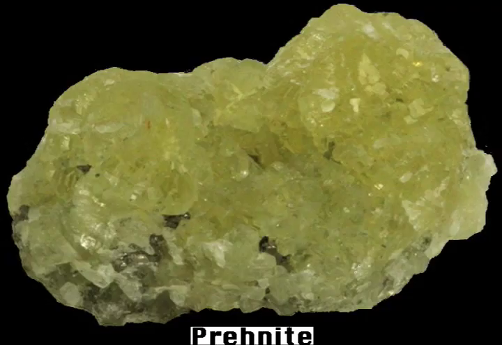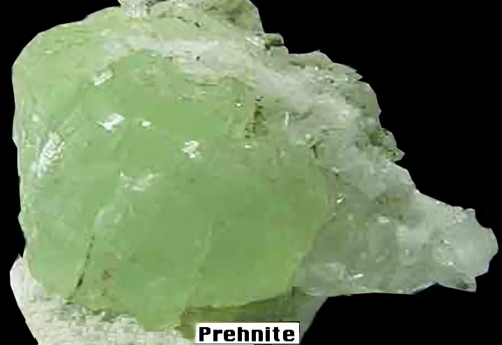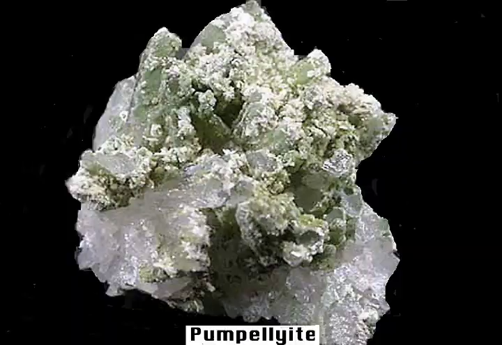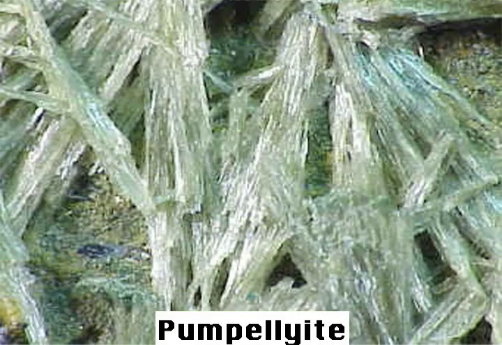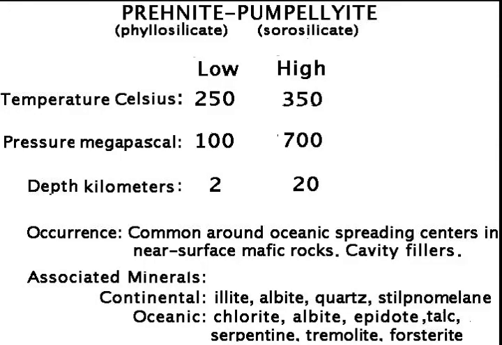Prehnite and pumpellyite form at somewhat higher temperatures and pressures. They are common in hydrated alterations of the oceanic crust around spreading centers. Often prehnite and pumpellyite fibers or crystals fill cavities or are encrustations.